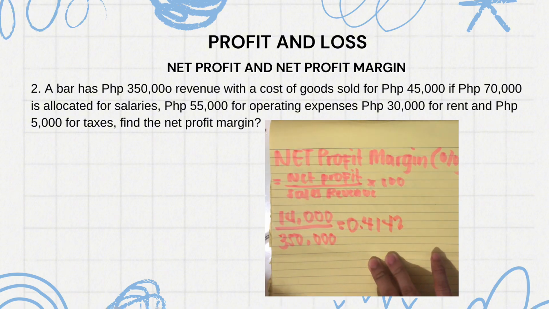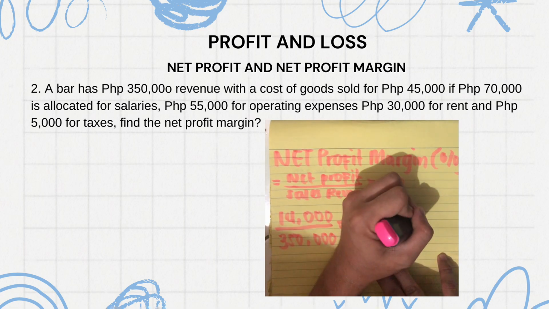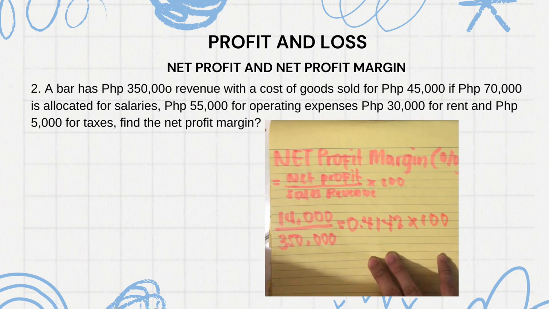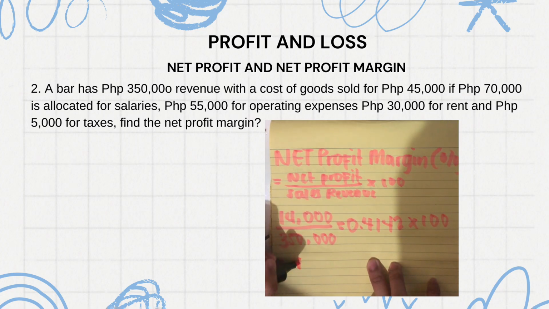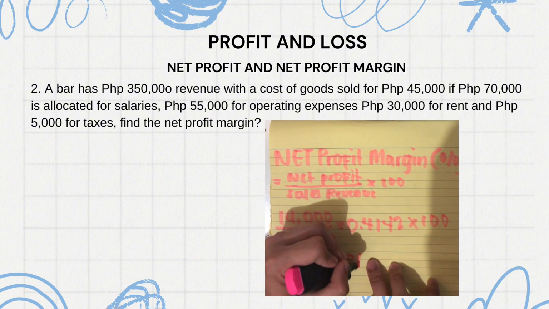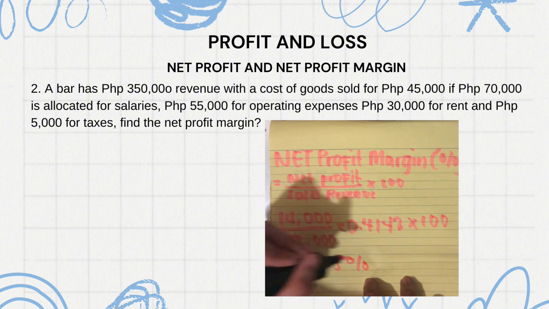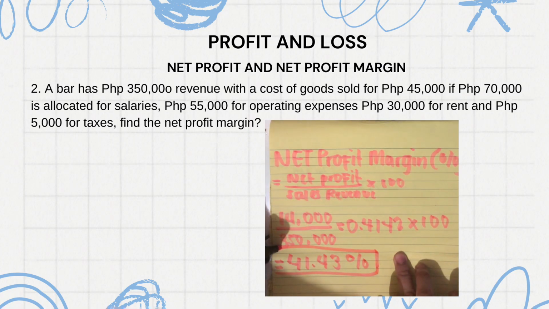We need to multiply by 100 to get a percentage. So our final answer here is 41.43%. Here is the profit margin.